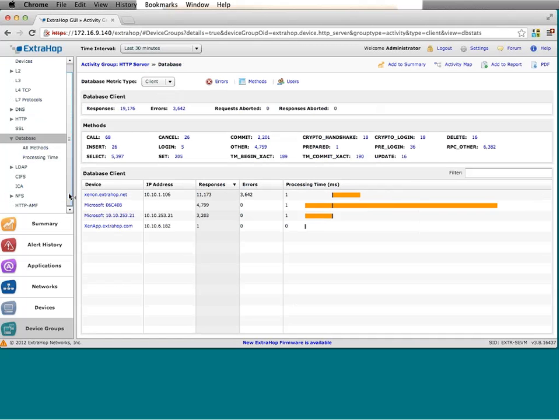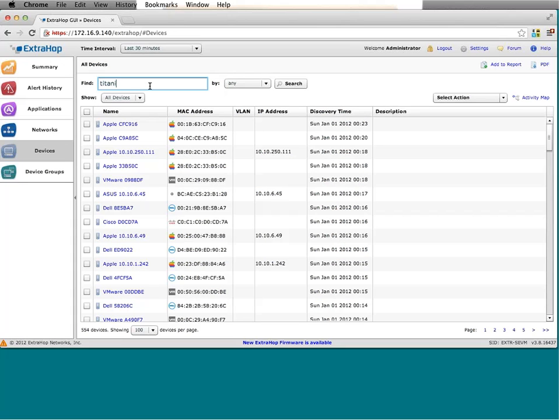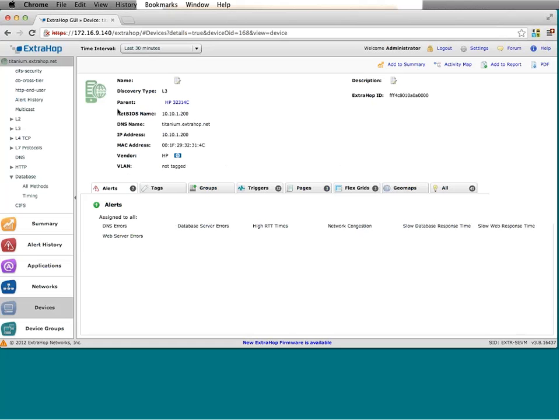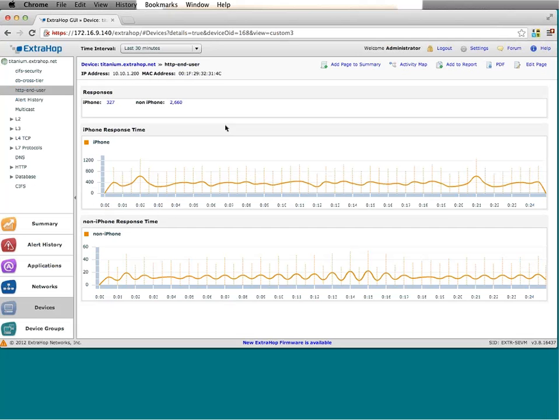So in addition to our infrastructure views, our application views and our custom reporting, we have a number of other features that allow us to extend the functionality of the ExtraHop device to support highly business-specific use cases. This is where the operational intelligence platform lends itself to a business intelligence use case as well.